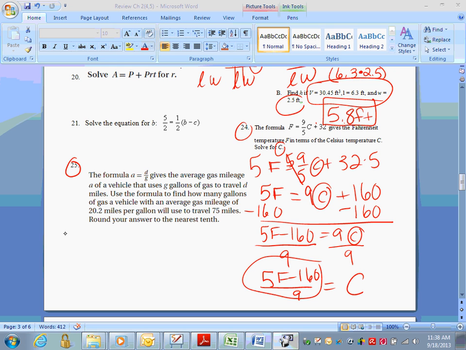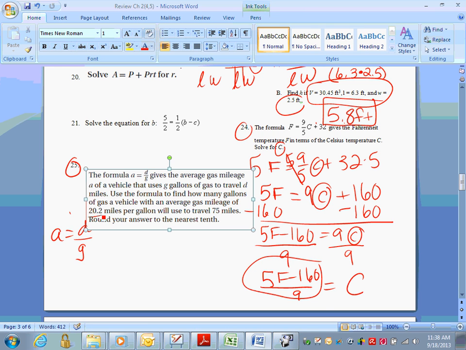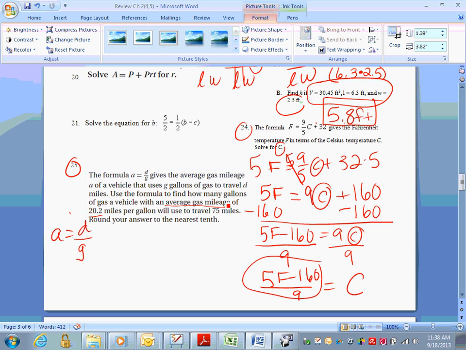Number 25, I have the formula A is equal to D over G. I need to plug in the numbers that I have. So first I have that 20.2 is the average gas mileage. So I'm going to plug in the 20.2 where the A is. The D is the distance, and my distance is 75.